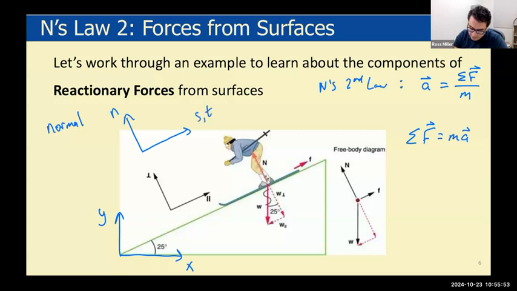I've seen S or T. I don't like to use T because we like to use time for T. So I'm going to use S for the surface. So it's normal to the surface, which is perpendicular to the surface, and parallel to the surface. I like to use S coordinates personally, because perpendicular and parallel both start with P. Okay, so that's a different coordinate system to use.